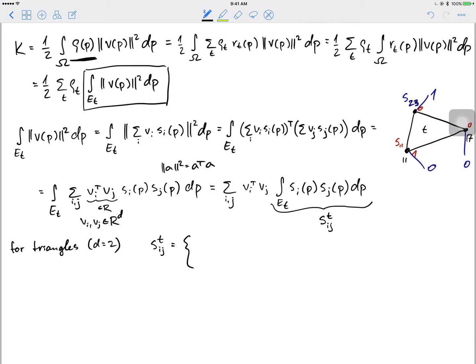Okay. It turns out that for these products, I get something very similar. So let me call the area of the triangle AT, and I get AT over 3, sorry, not 3, 12.